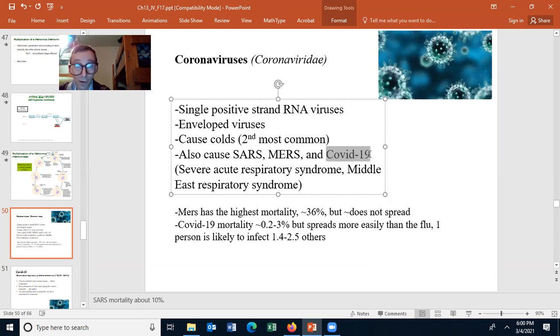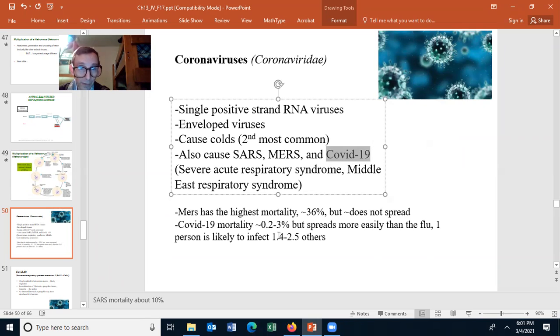COVID-19, if you don't know, there are a lot of asymptomatic people. People who are young, like in their low 20s and teenagers and children, about 50% of the patients are asymptomatic. They will not know that they have COVID-19. And when you're asymptomatic, you can spread it. And COVID-19, they were not able to control, and it quickly became worldwide.